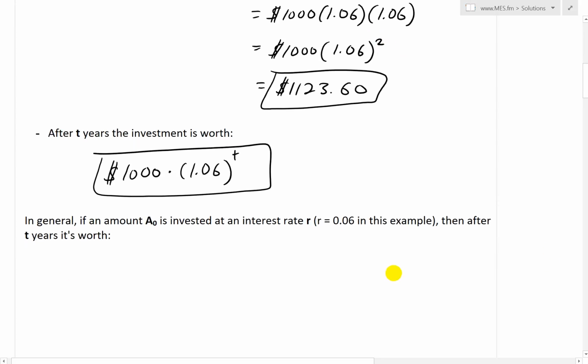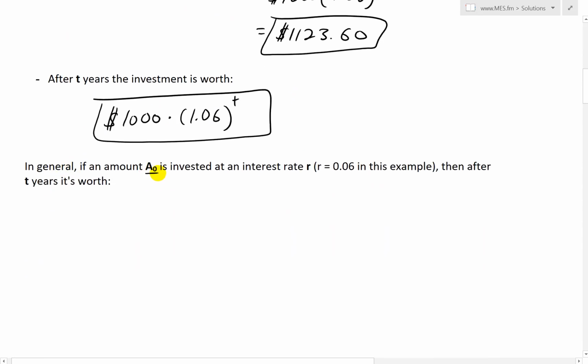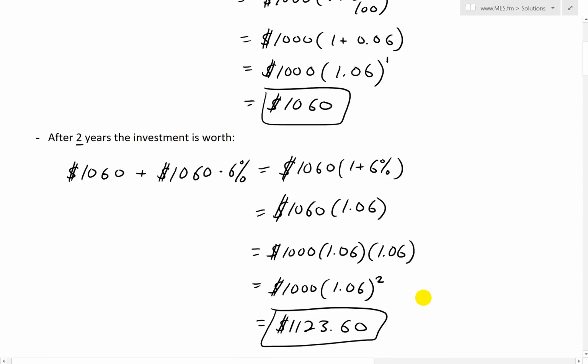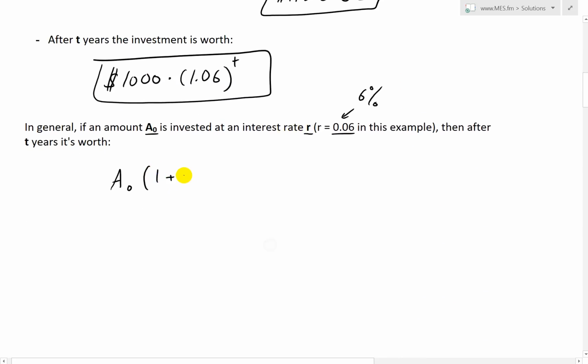But now if we want to go even more general, because right now we started with the example of $1,000, let's say in general an amount A0 was invested, just any number A0, at an interest rate R. So now instead of 1.06, instead of this 0.06, which remember is just 6%, if we had just any generic one, then after T years it's worth A0 times, recall, 1 plus this R. So we write 1 plus the interest rate R to the power of T. That's the same thing as 1.06.